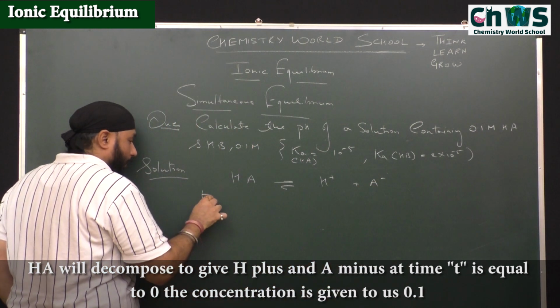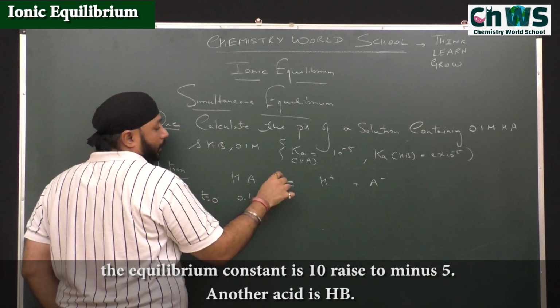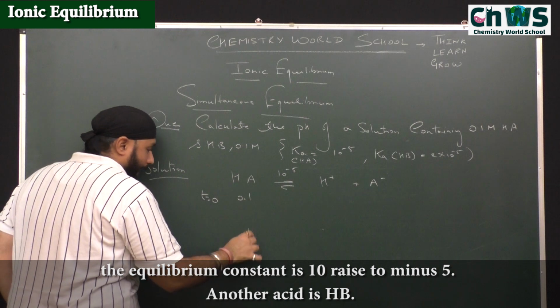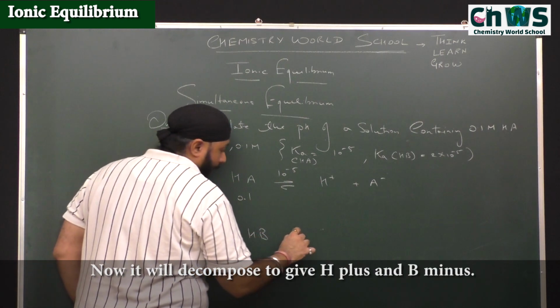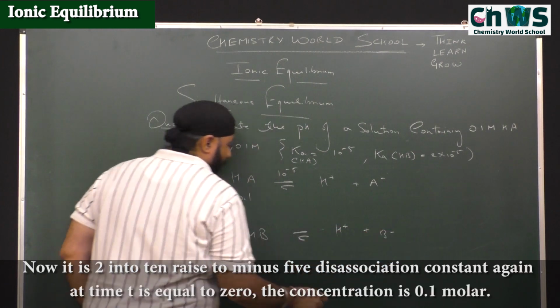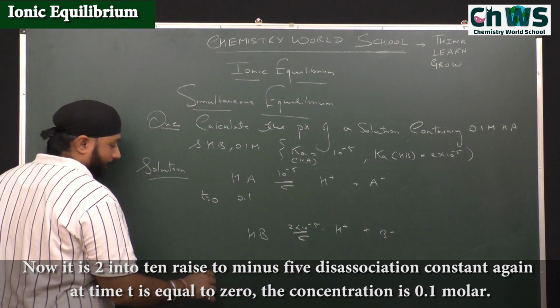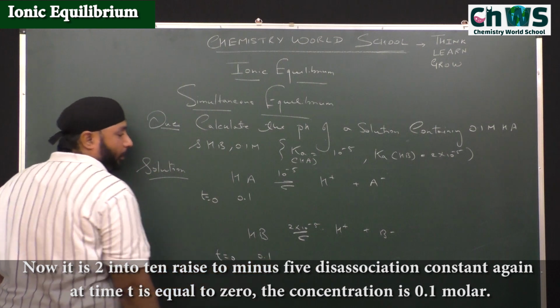At time t equals 0, the concentration is 0.1. The equilibrium constant is 10 to the minus 5. Another acid is HB. Again it will decompose to give H plus and B minus. Its dissociation constant is 2 into 10 raised to power minus 5. Again at time t equals 0, the concentration is 0.1 molar.